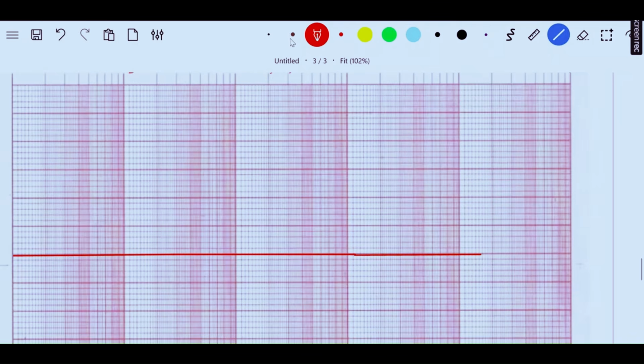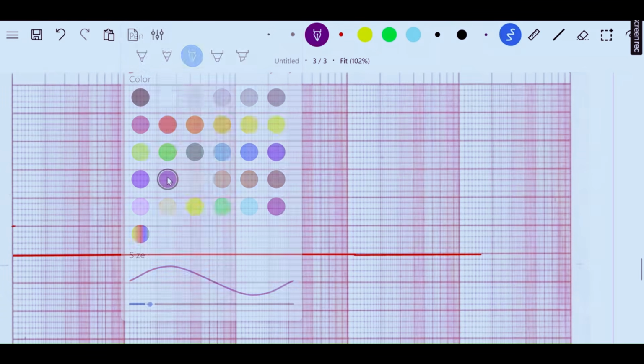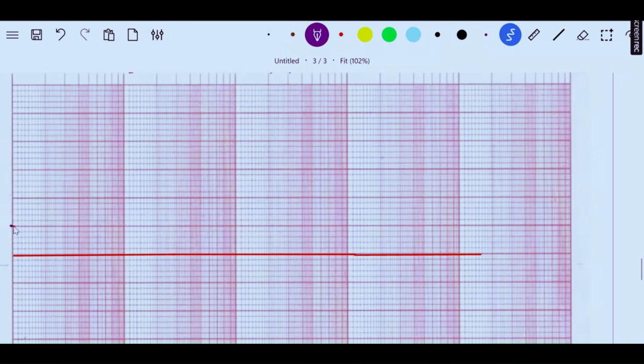Now I'll take from here. So this is 10 dB. I'll just change the color. So this is 10, 20, 30, 40, 50.